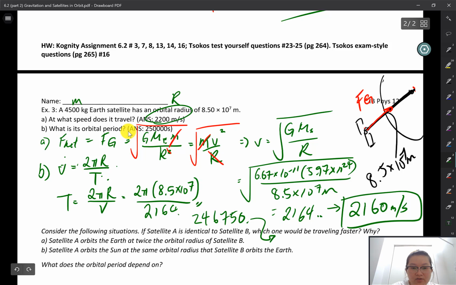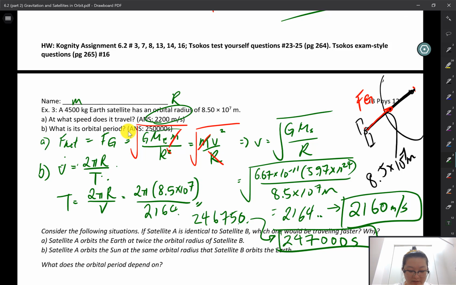This is going to round to 3 sig figs, which is 247,000 seconds. Okay, in my key I rounded to 2 sig figs, but it should be 3. So that's it. That's the orbital period.